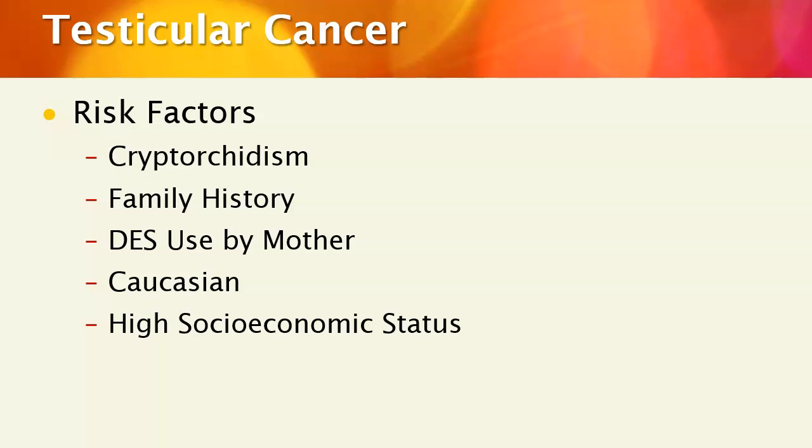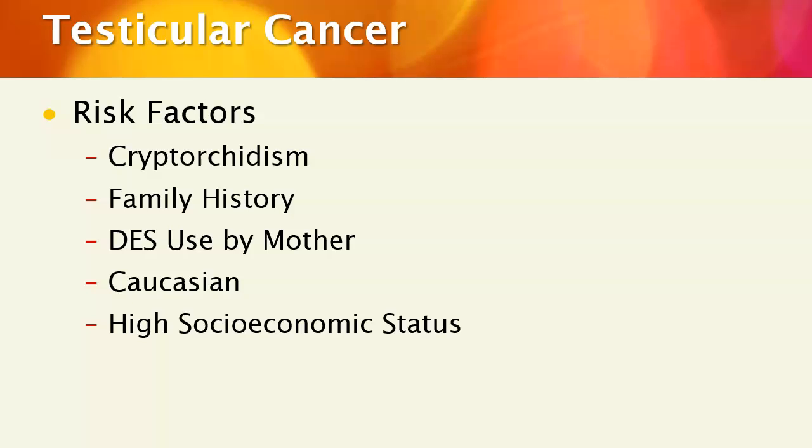DES use by the mother, this is something that hasn't been used for a very long time, but it is important to note because if the mother, or let's say your grandmother, used DES when she was pregnant with your mother, that is in her DNA also, if that makes sense. And it was a drug used to prevent miscarriages.